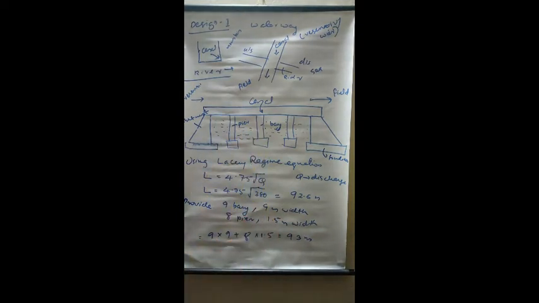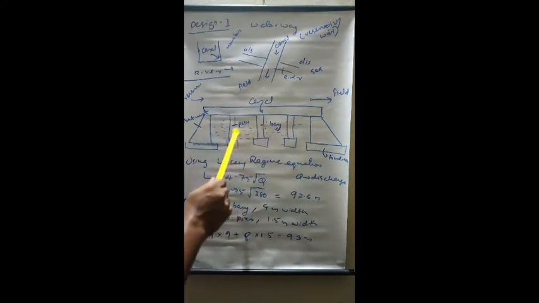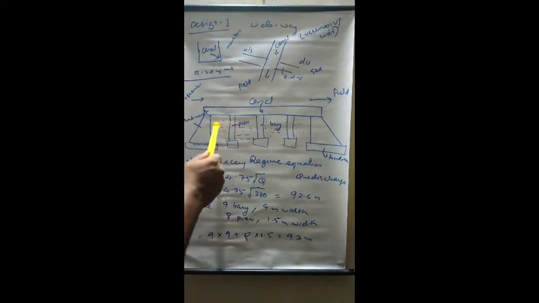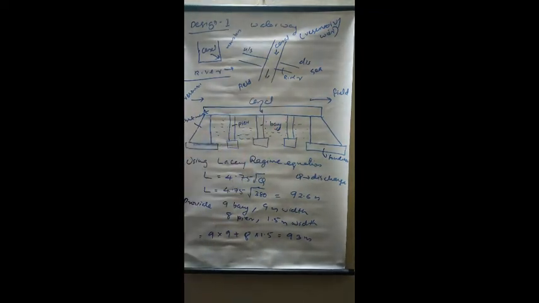So depending on all these things, we need to design the waterway, that is the length through which water is moving or passing from the upstream side to the downstream side.